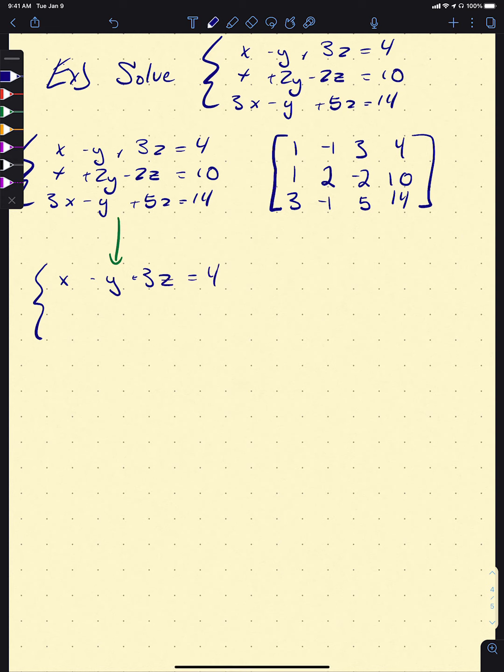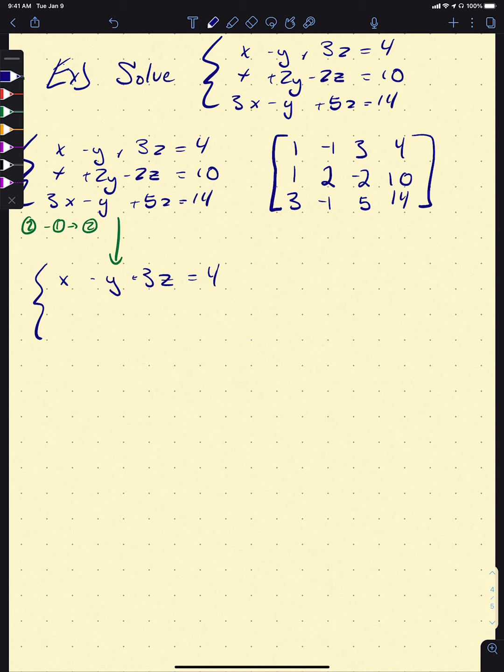Since I don't want it to change at all, I'm going to write that one first. What do I need to multiply by equation 1 to get the x in equation 2 to go away? That would be -1, right? So we're going to do equation 2 minus equation 1, and then we can redefine that to be equation 2.